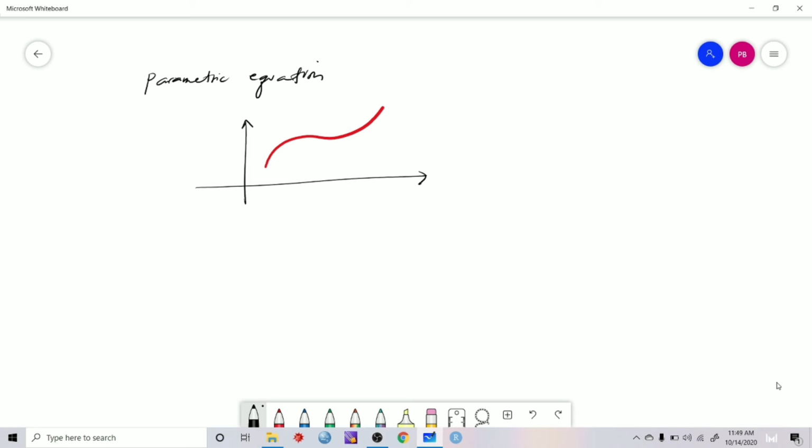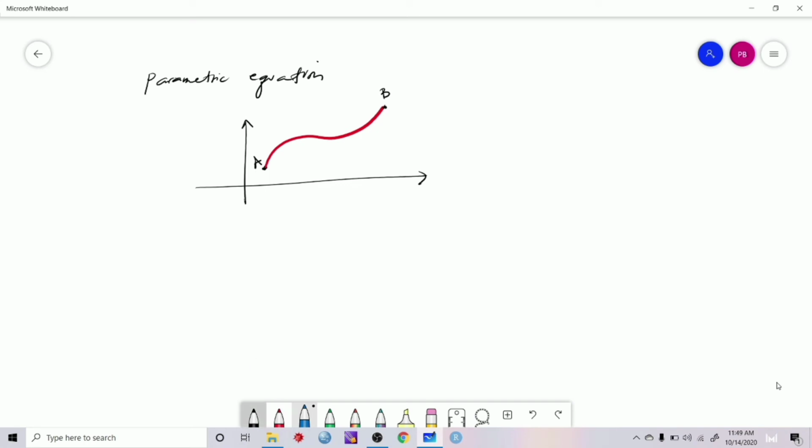At this point, we call this point A, and this point B. Now, in order for us to get B from A, there is a notion of a particle.